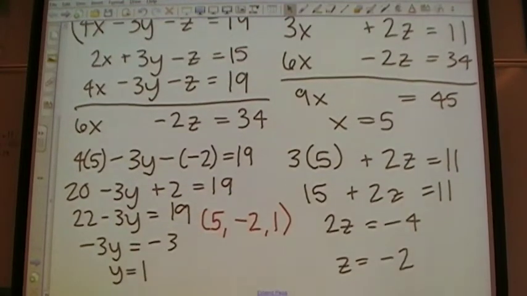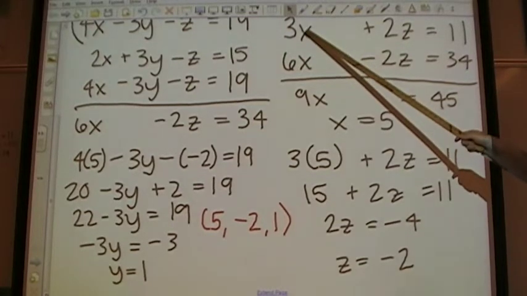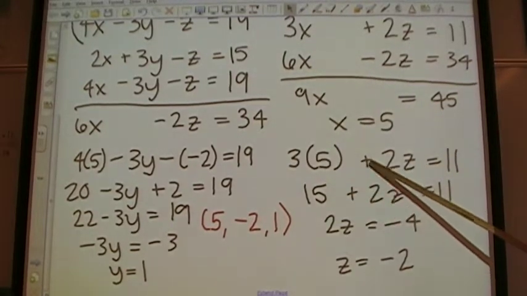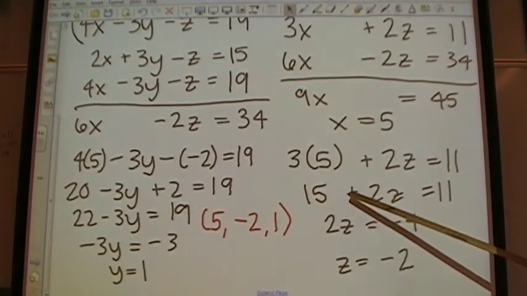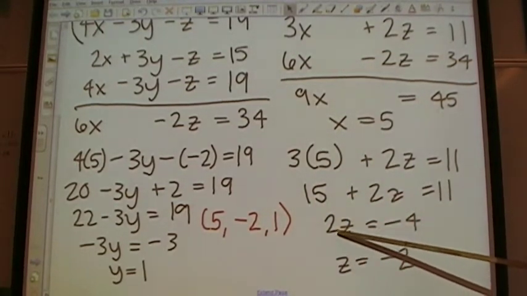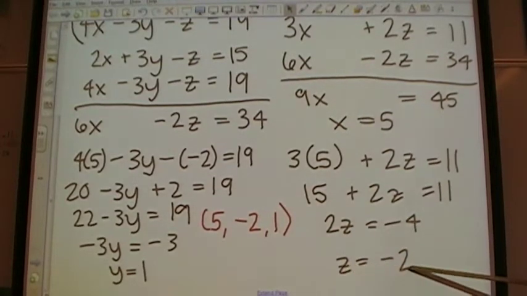Okay, so I took the x equals 5 and plugged it in here. So 3 times 5 plus 2z equals 11. And then solve for z. 15 plus 2z equals 11. 2z equals negative 4, z is negative 2.